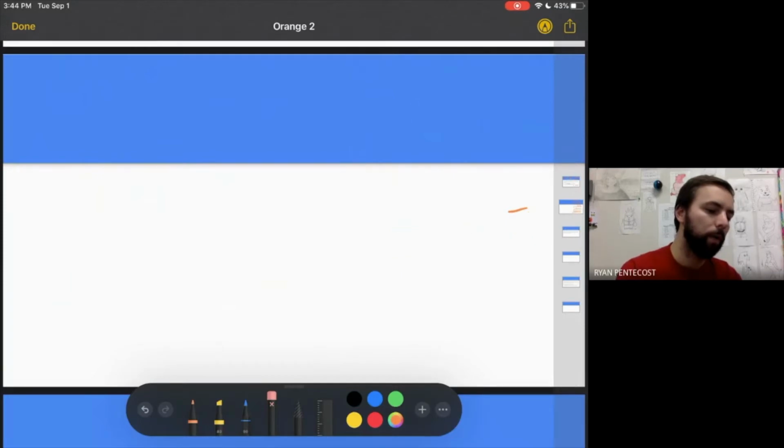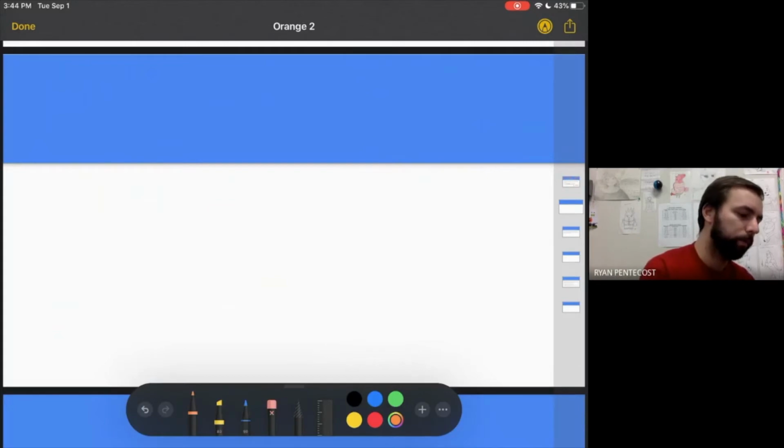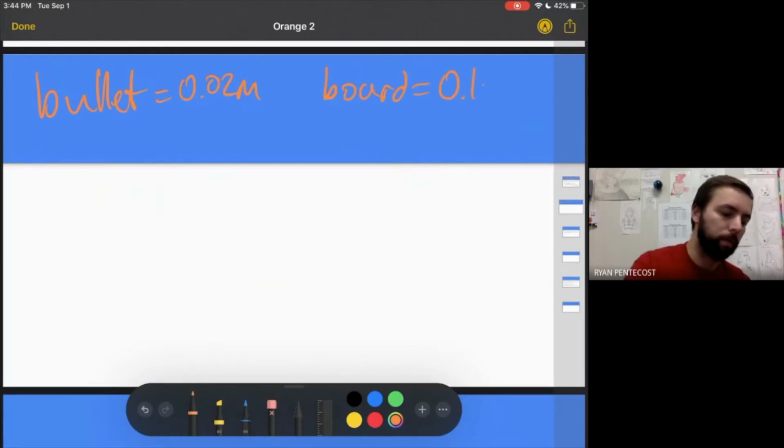So let's go back to this. So our bullet, right? Bullet is 2 centimeters, 0.02 meters long. Board is 10 centimeters long. Now, if we're talking about how long the bullet was in contact with the board, this can cause some issue.